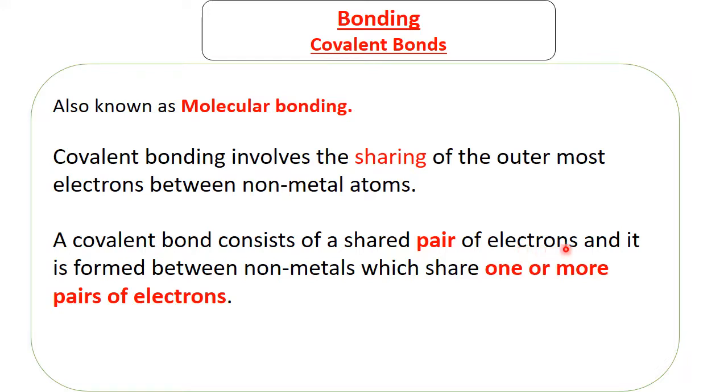The latter part of the sentence says it is formed between non-metals which share one or more pairs of electrons. So even though only two electrons need to form a covalent bond, more than one covalent bond can be formed when atoms share more than one pair of electrons.